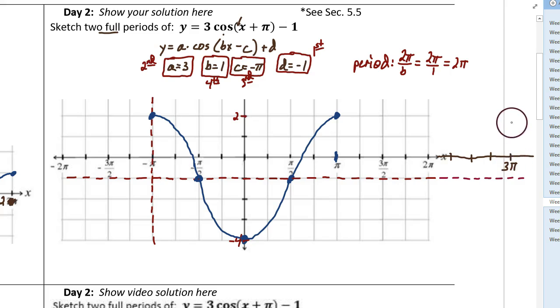So above the 3 pi, up at a height of 2, is a dot. Halfway between pi and 3 pi, so right here at 2 pi, is where it's down at the minimum. Halfway between the pi and the 2 pi, so right here, is where it crosses that dashed center line. And then halfway between the 2 pi and the 3 pi, so right here, it's where it crosses through the center line. Now we can draw in the curve.